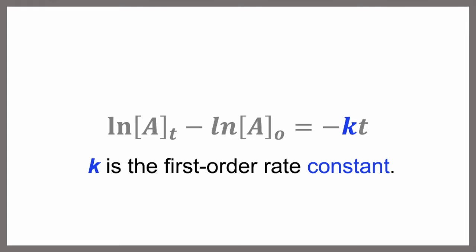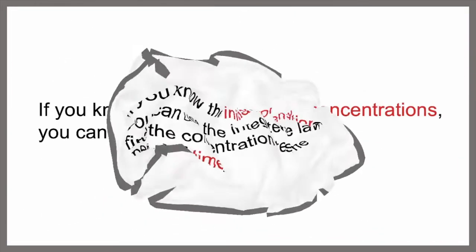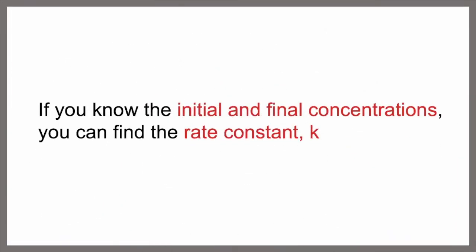So how do we use first order rate laws? Well, if we know the initial concentration, we can use the integrated rate law to find the concentration after some period of time. If we know the initial and final concentrations, we can find the rate constant.